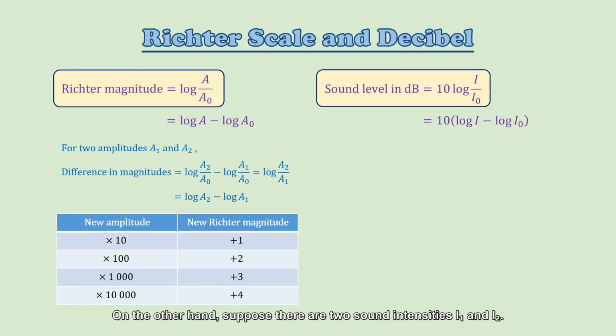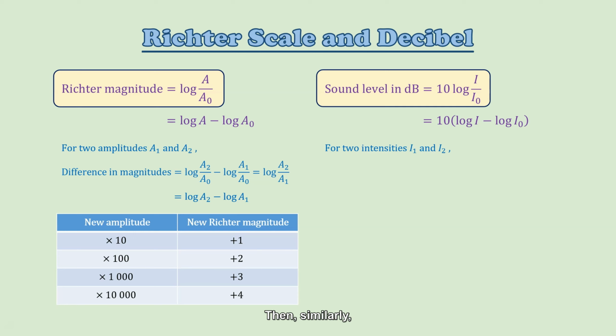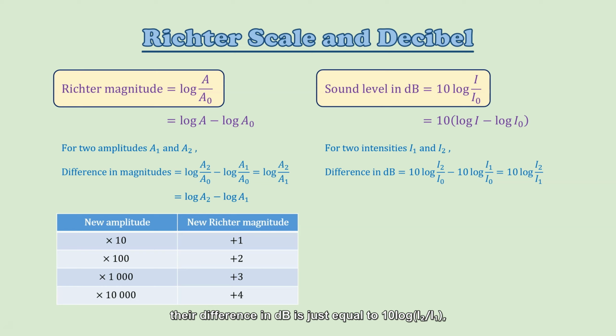On the other hand, suppose there are two sound intensities I1 and I2. Then similarly, the difference in dB is just equal to 10 times the logarithm of I2 over I1, which is equal to 10 times the difference of their logarithms.